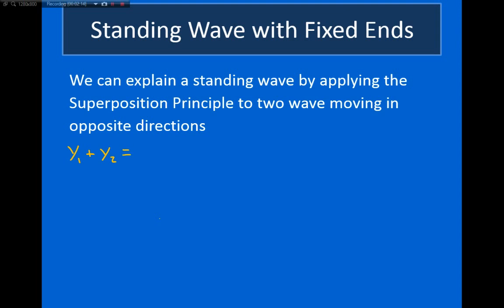And if we think about a sinusoidal wave, remember we can write this as a sine of 2 pi x over lambda minus 2 pi frequency times time. Now this here is a wave that's moving to the right, and I need to add it to a wave that's moving to the left. So that's a sine of 2 pi x over lambda plus 2 pi frequency times time.